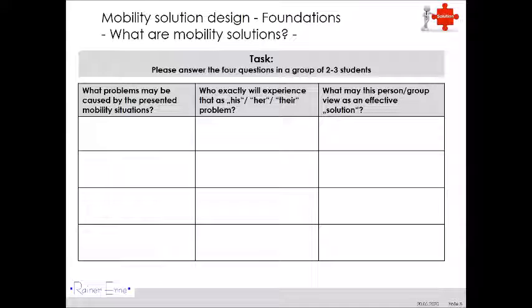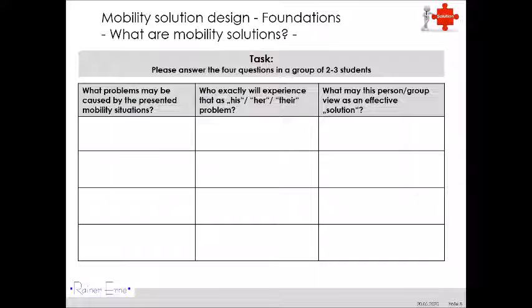There are always some stakeholders who will perceive certain situations as their problem. And please name the stakeholders, because they are the most important part when you design mobility solutions. For whom will this mobility solution be designed?